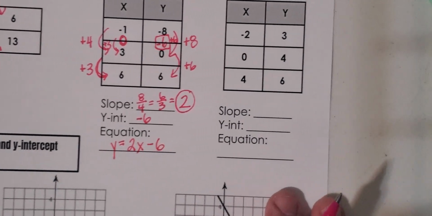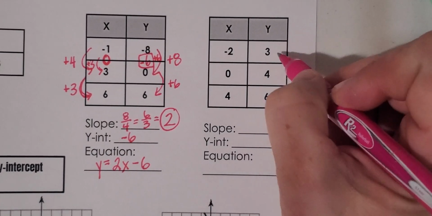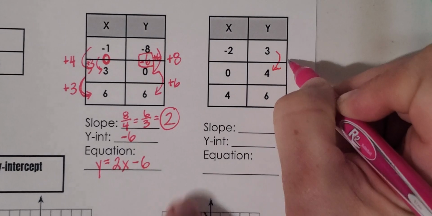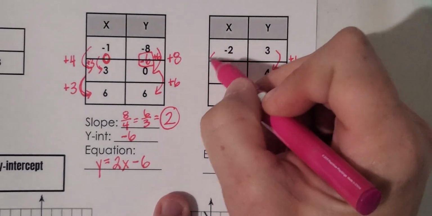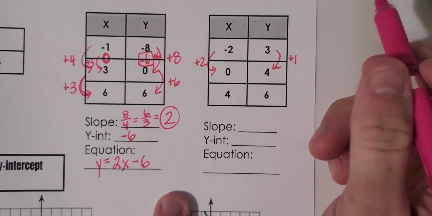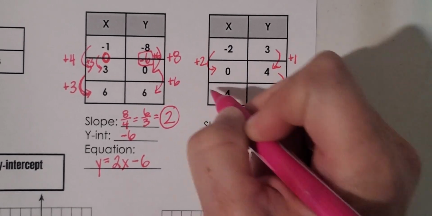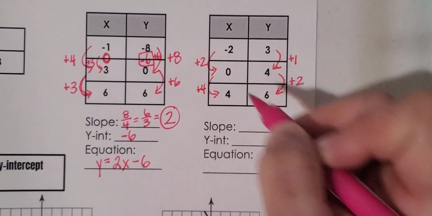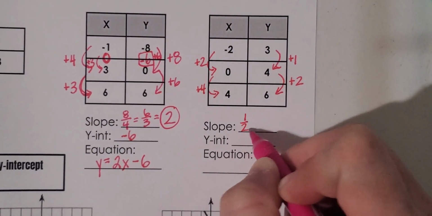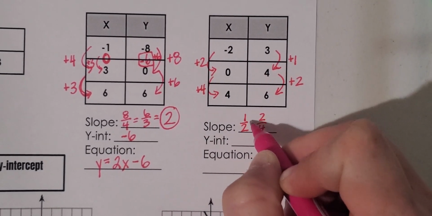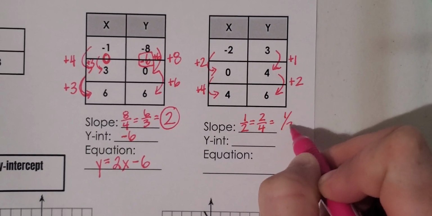My last table example, I'm adding 1 on my change of y while I'm adding 2 on my change of x. Over here, I'm adding 2 while I'm adding 4. So 1/2 and 2/4 would all simplify down to 1/2.